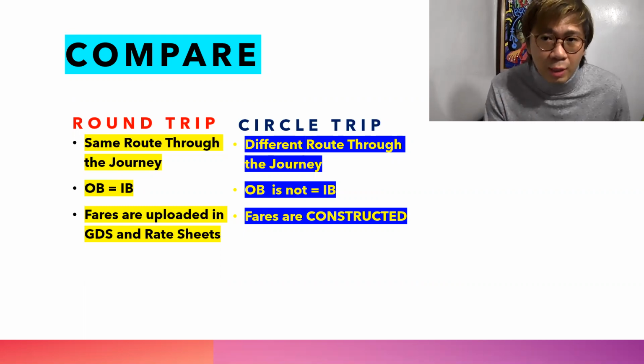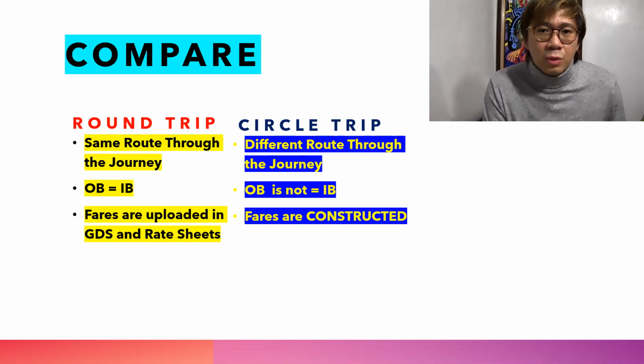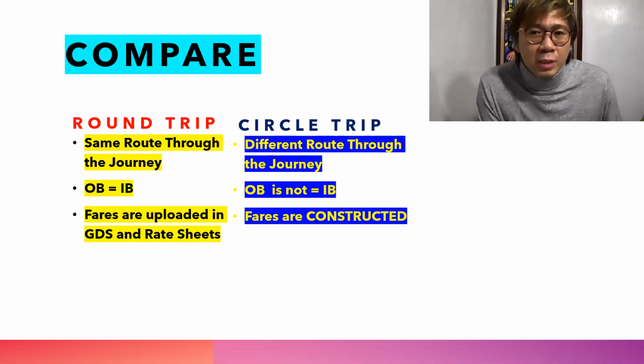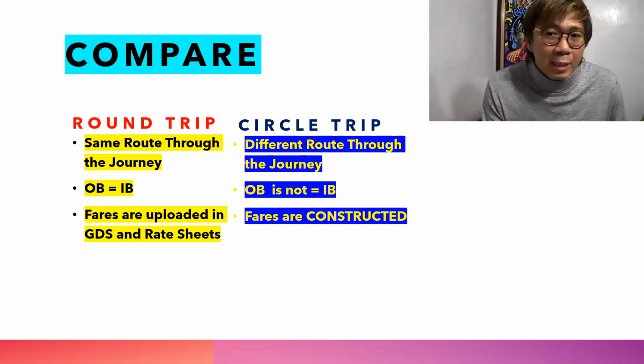So you have to construct it using logic. So ngayon, kung ako magpa-pricing, which one is difficult? Of course, circle trip is much more difficult to price kasi you have to really analyze and really check with the logic of the GDS. And also, you have to check with the airline if the fare would be valid for that particular flight combination.